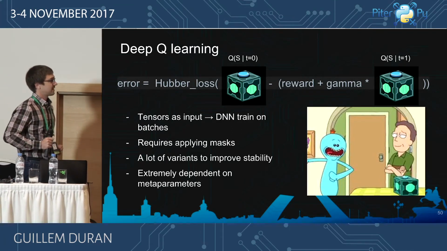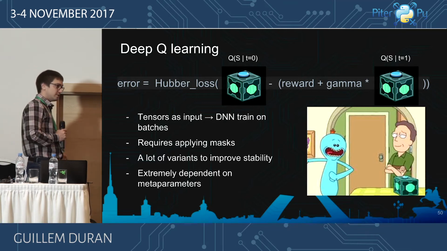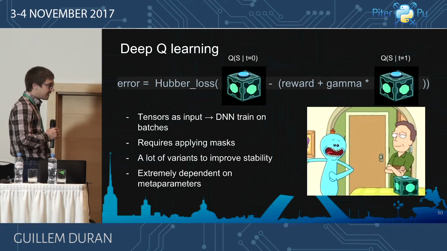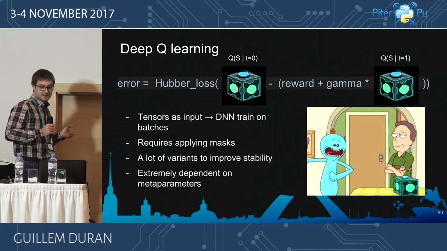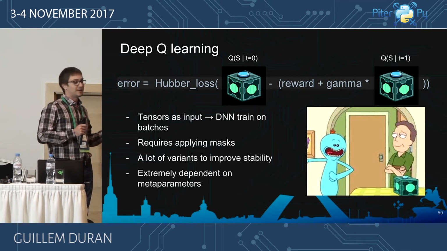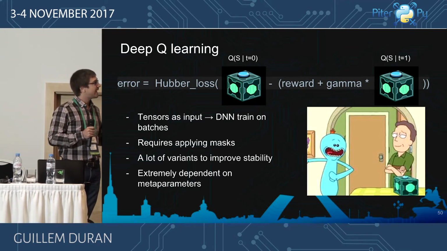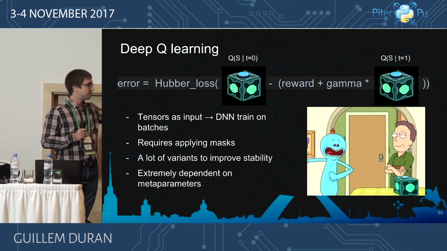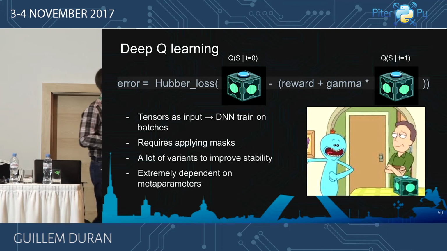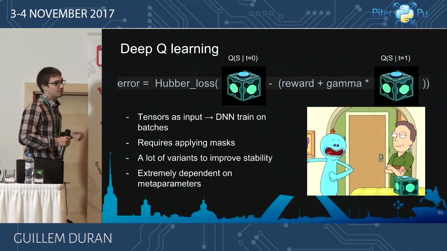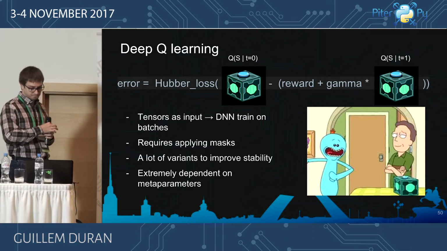So the approach is pretty much the same as in Q-learning, except in the Q-value update phase, where we had a weighted sum for the old value and the learned value. Here, what we have is a loss function, where instead of weighting both of the two values that we had before, now you are subtracting them and trying to minimize the loss using a Huber loss or whatever loss that you like.